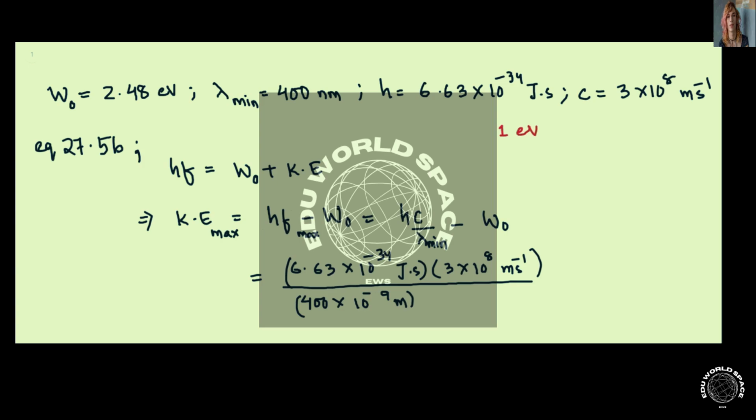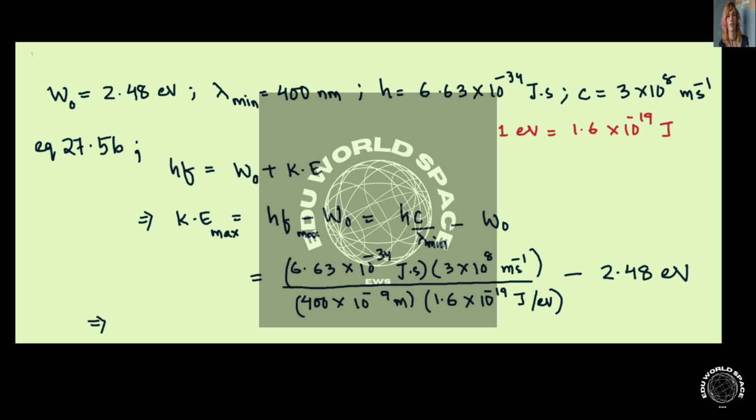And 1 electron volt corresponds to 1.6 times 10 to the power minus 19 joules. So this much joules then corresponds to, we can simply divide it by this number, 1.6 times 10 to the power minus 19 joules over electron volt, to convert this into electron volt, minus W naught, which is 2.48 electron volt.